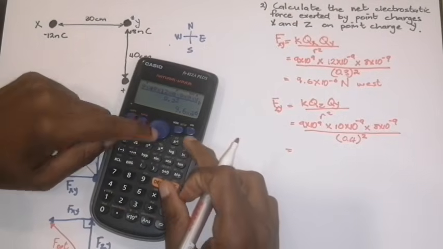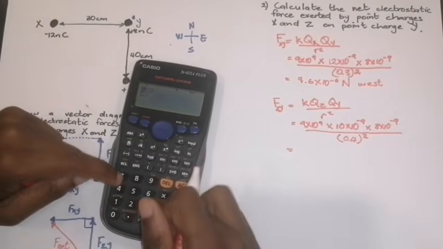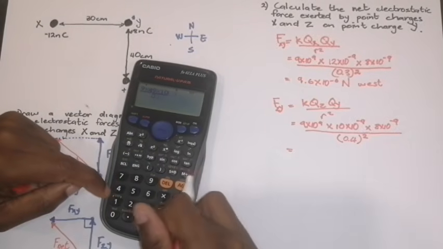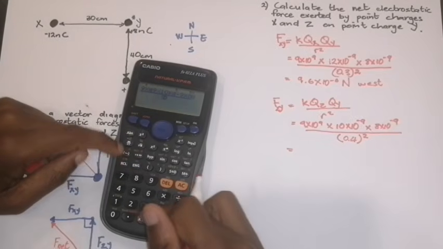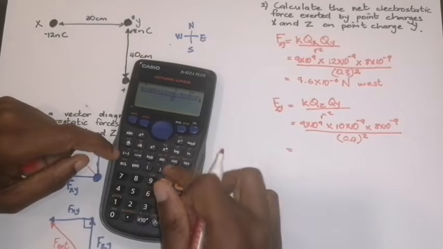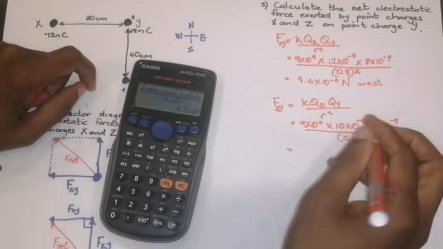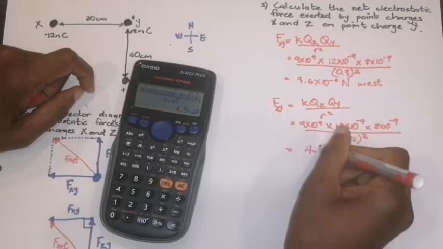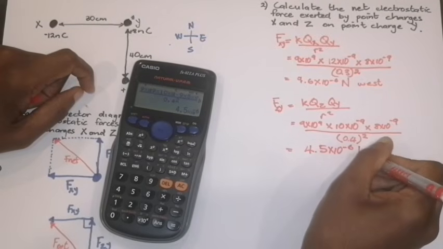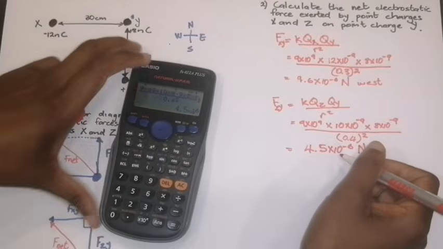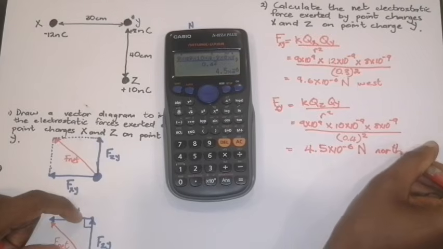Let's see if I can cheat a little bit. So that's 9 times 10 to the 9, multiplied by 10 times 10 to the minus 9, times 8 times 10 to the minus 9, divided by 0.4 squared. We get a figure of 4.5 times 10 minus 6. Remember that's a force in newtons, and we did say that force is to the north.